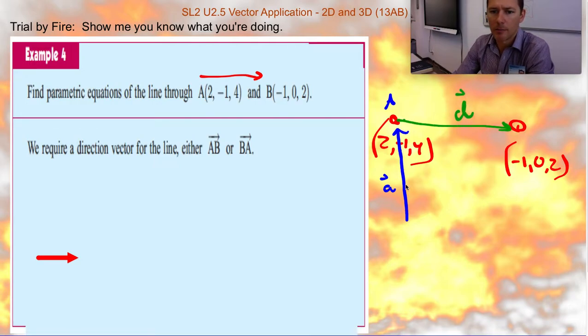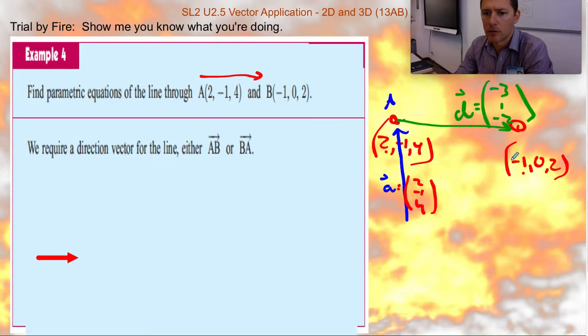Cool. A is pretty easy. It's just if you want to get to point 2, -1, 4, you have to move to 2, -1, and 4, right? And then D is the difference between these, yeah? So going from 2 to -1, we have to go down 3, -1 to 0, we have to go up 1, and 4 to 2, we have to go down 2, right?